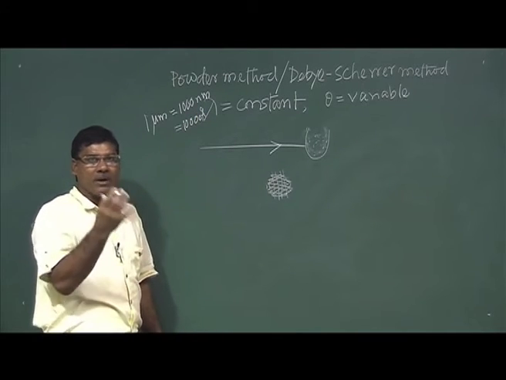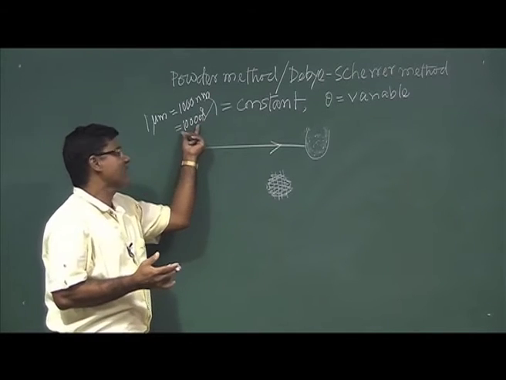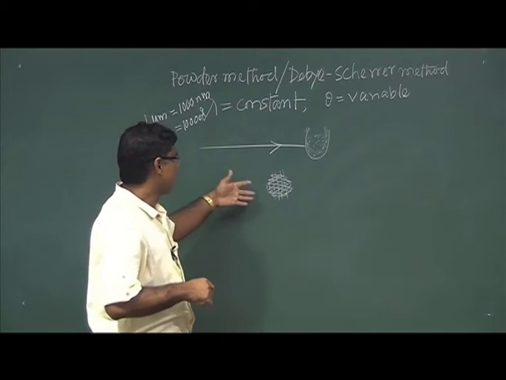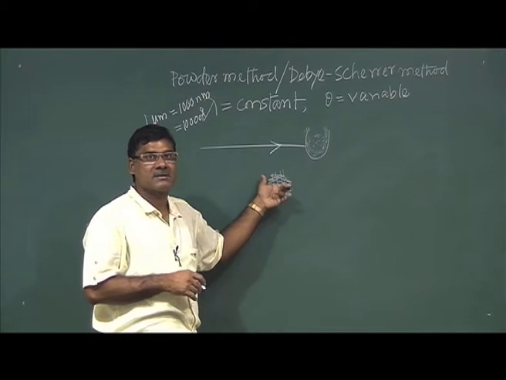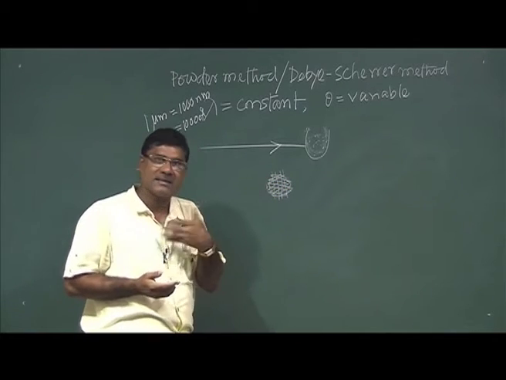So, if 1 unit cell is 10 angstrom, you will have 1000 unit cells in this small particle if it is 1 micron in size. Okay. So, each particle is again a single crystal.